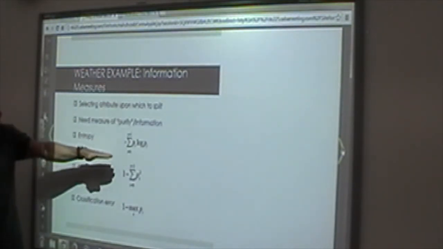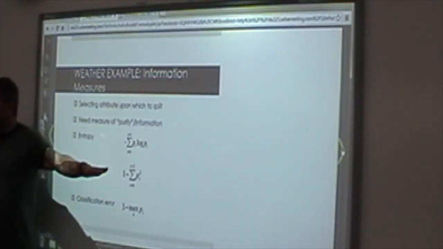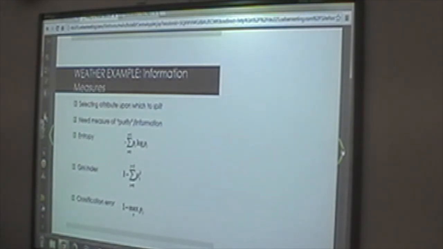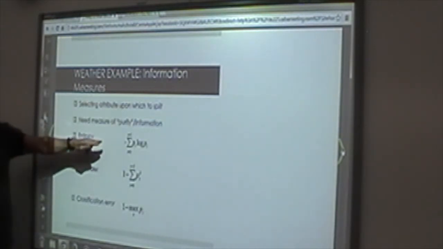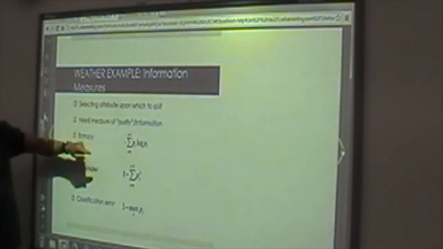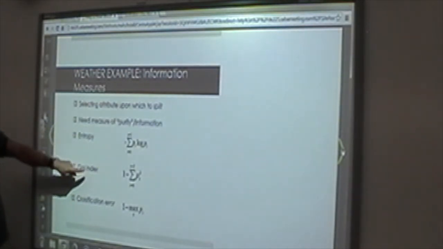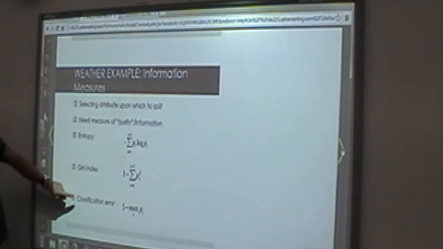One is called entropy. I like entropy. It plays a lot in machine learning and data mining in general. I'll explain these in just a second. Another one is called the Gini index, and the third one is classification error.